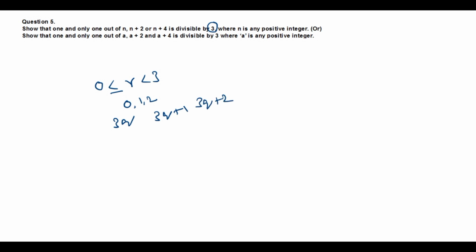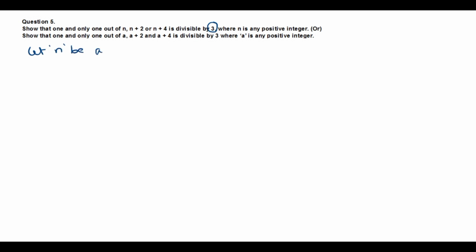So let us discuss. The first point we write: let n be any positive integer, and b equal to 3.